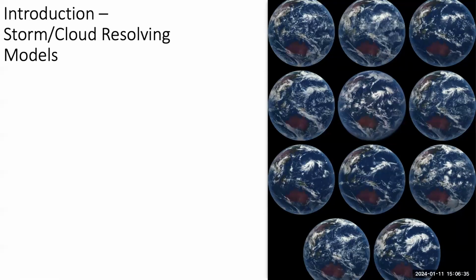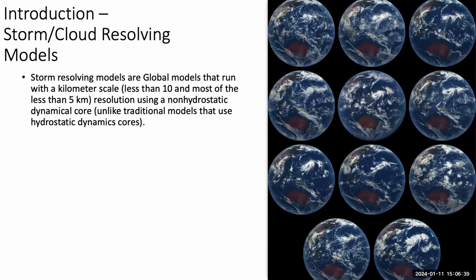The DYAMOND models are an intercomparison of GSRMs, and GSRMs are kilometer-scale global models. All of them have less than 10 kilometer resolution, most of them less than 5 kilometers, and they use a non-hydrostatic dynamical core.